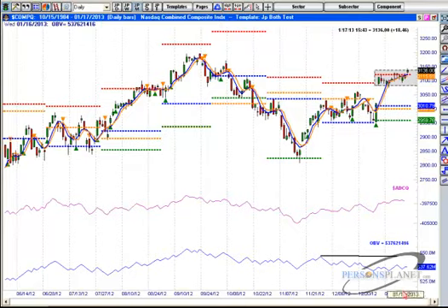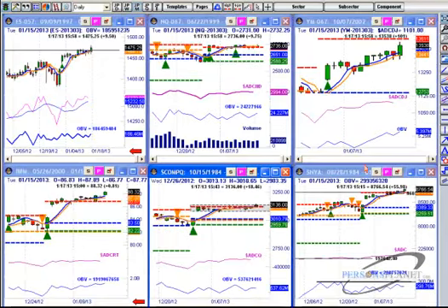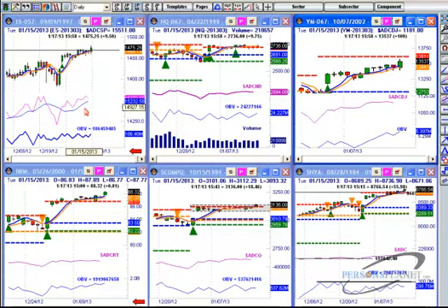So the condition of this trend is now in question, and it's more suspect as we get closer to the monthly pivot point resistance in several of the indices. So part of the message last week was, what's the weakest of all these sectors?